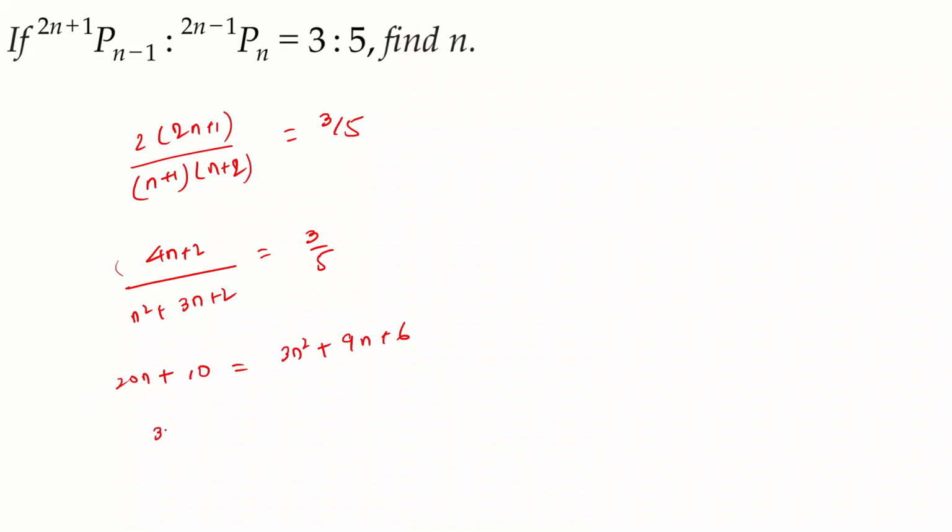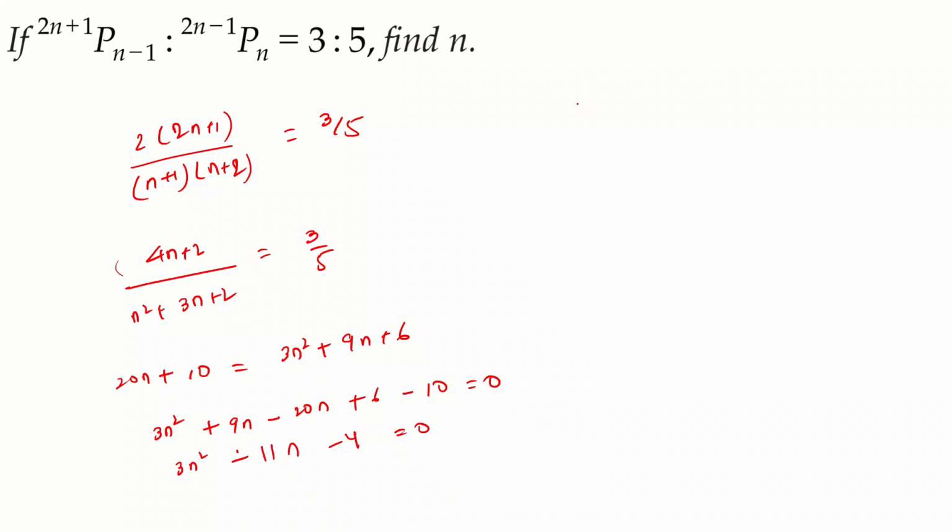Now we have 3n square plus 9n minus 20n plus 6 minus 10 is equal to 0. We bring everything to the right hand side. So we have 3n square plus 9 minus 20 gives us minus 11n, plus 6 minus 10 gives us minus 4, is equal to 0.